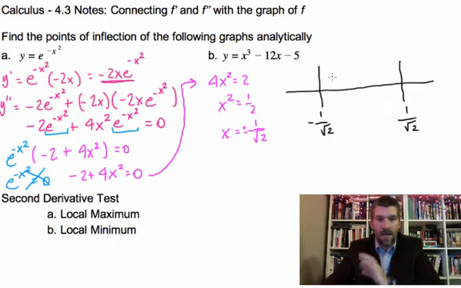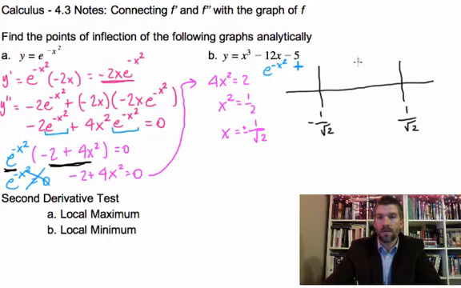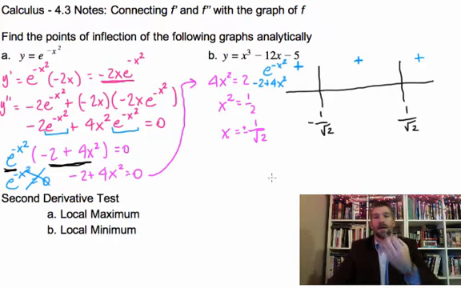And I check it in the two pieces of the second derivative. Here's one piece right here. Here's one piece right here. Okay? So we saw that e to the negative x squared will always be positive no matter what. But now we just need to look at what's going on when we plug these values into negative 2 plus 4x squared. And again, I just need to know the sign.